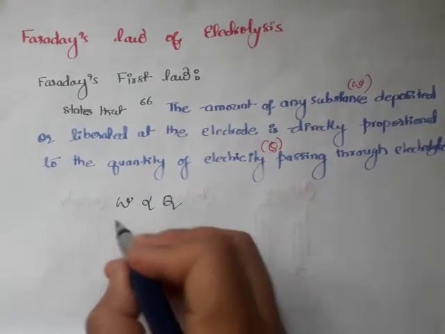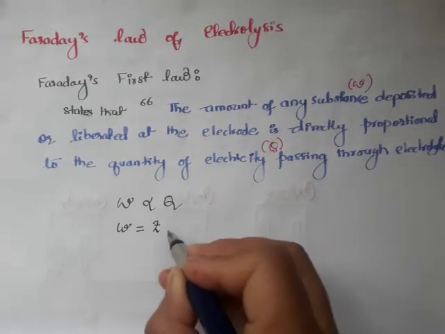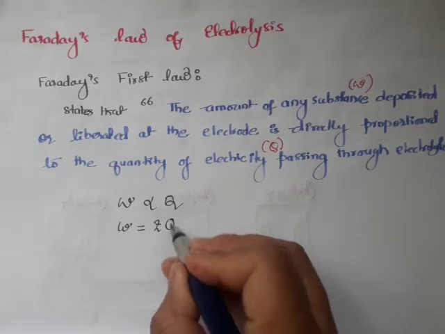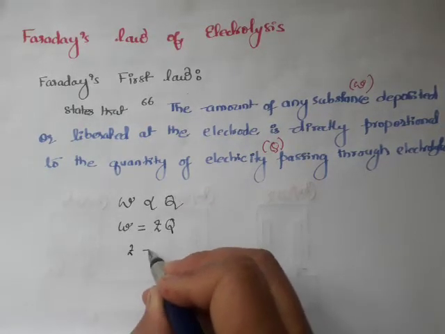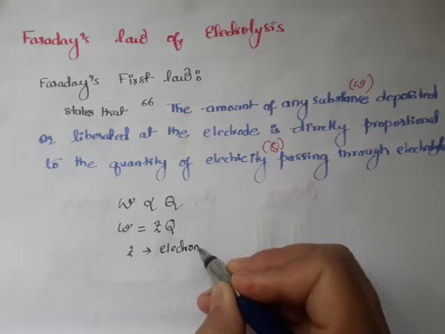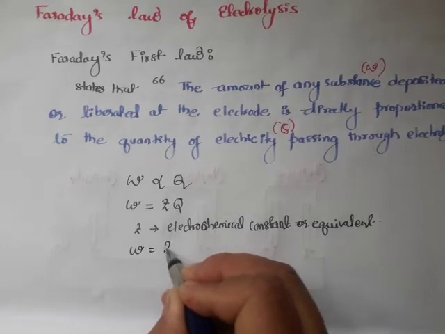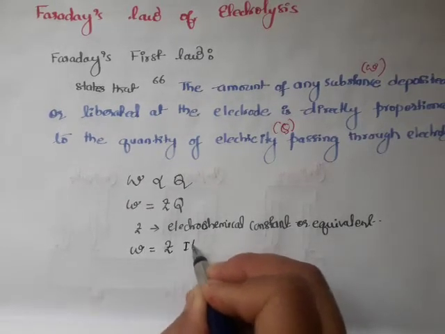Whenever the proportionality sign is removed, we need to introduce a constant term. In this case, the constant is generally denoted by Z, and Z is the electrochemical equivalent. Then we can rewrite this as W = ZIt. Why?